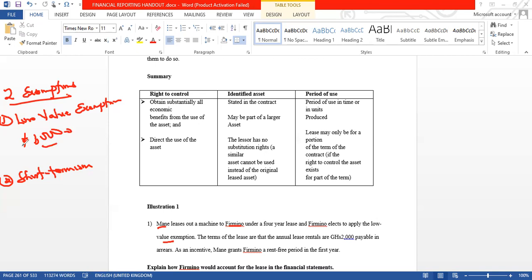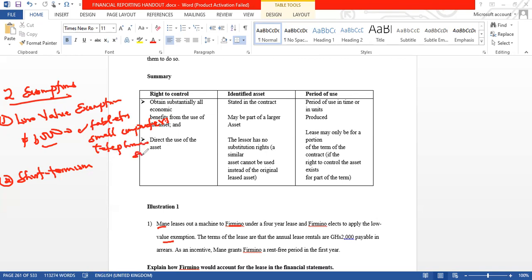So we have things like tablets, small computers, telephones, and some small furniture.